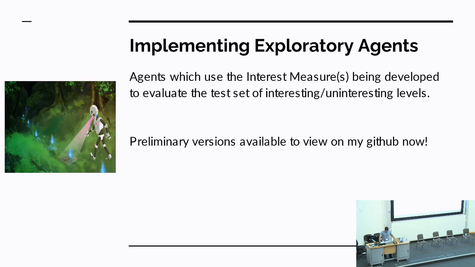Another crucial future plan is to use the agents I've developed to evaluate the test set of levels, and like I said, they're all free on GitHub. These agents can be dragged and dropped into any kind of level, and within a few seconds or a few minutes, they can give a number on how interesting the level might be. That might help level generators as well.